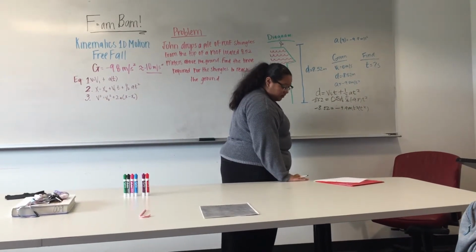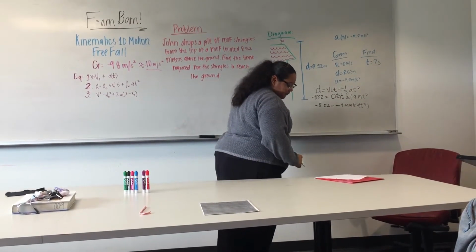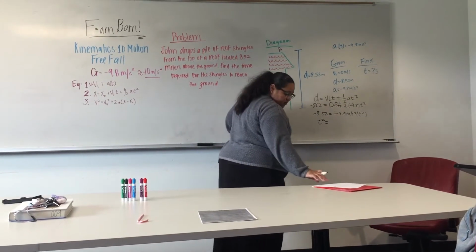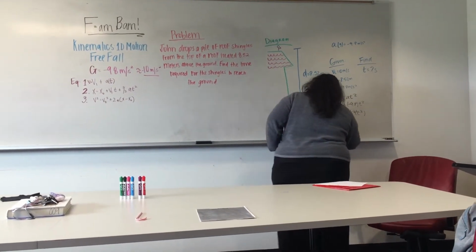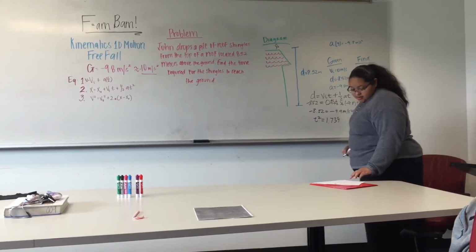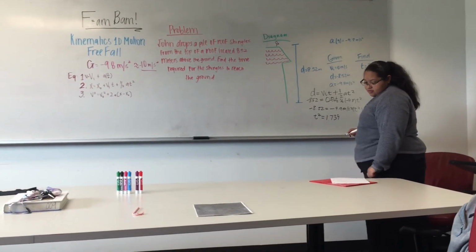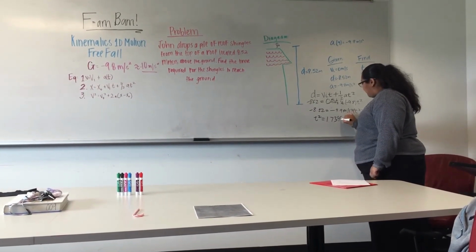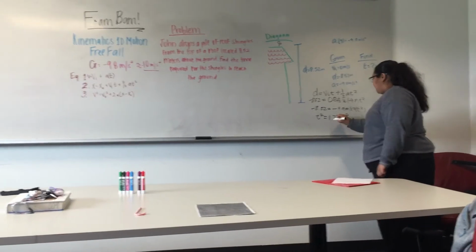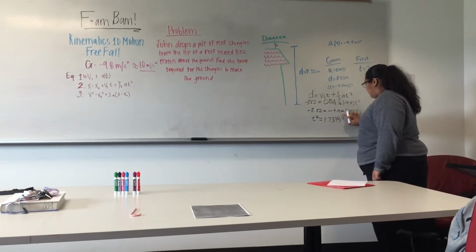Alright, so in the end, we have t squared equals 1.739, sorry, 1.739, and it's squared because of the t.